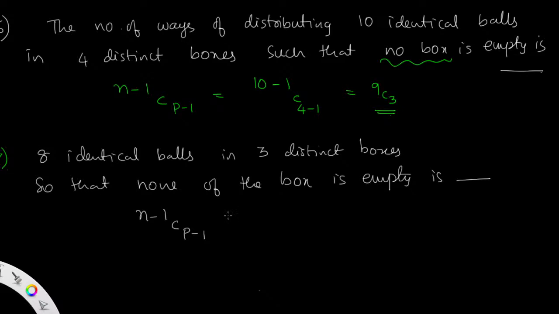So 8 minus 1 C 3 minus 1, that is 7C2 only. Okay, 7C2. Yes, correct. Next question.